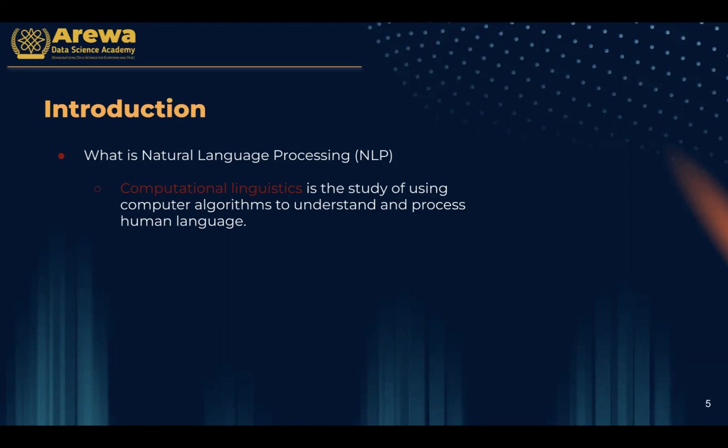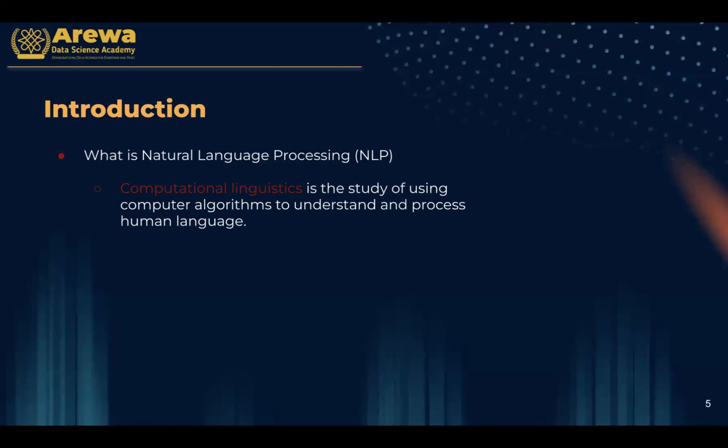You determine why certain things are spoken in this way. How do humans communicate? What is the idea behind that form of communication and the rest? So when you use computers to try to resolve all of this mystery on human languages, you call it computational linguistics. It's the use of computer algorithms to understand and process human language.